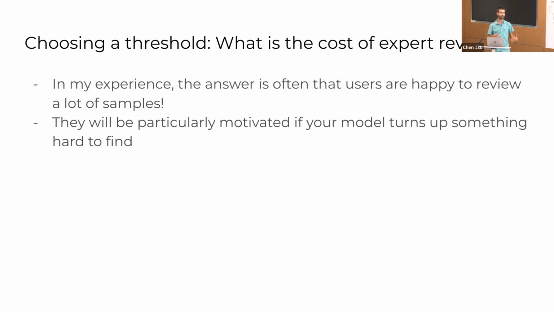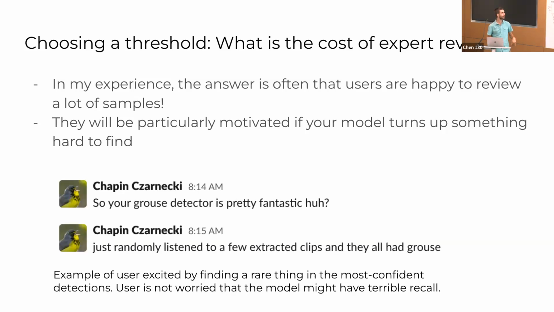And I'll just throw up one comment from a collaborator in my lab who was very excited that this ruffed grouse detector was detecting this rare event in the audio. He was listening to a random selection of the detections out of this model and finding the thing that, if he had been randomly listening to audio, he wouldn't have found, right?